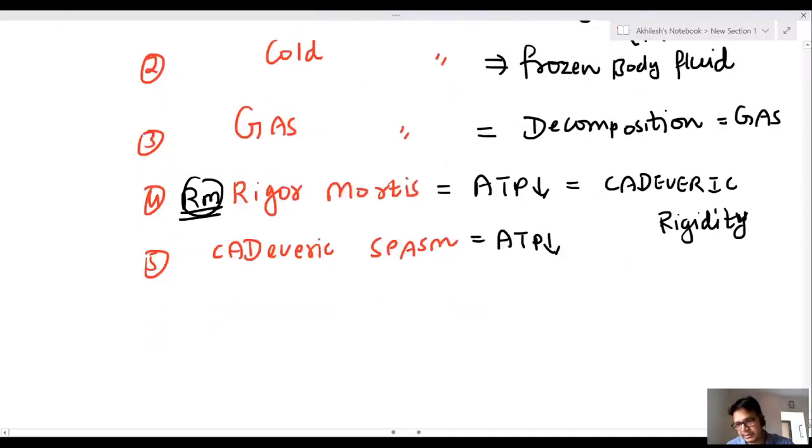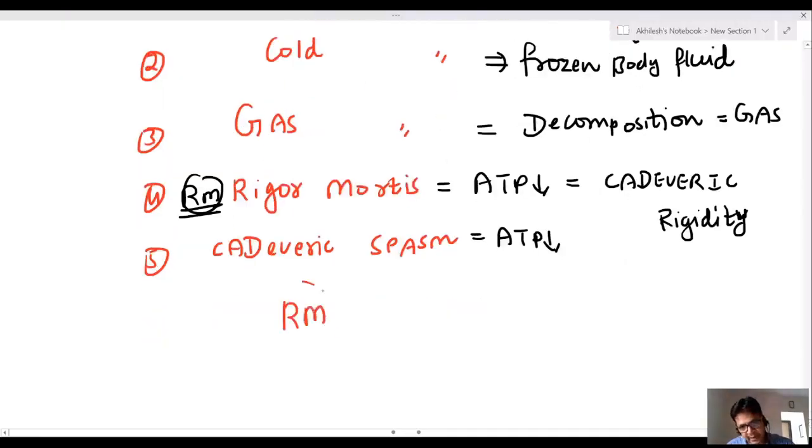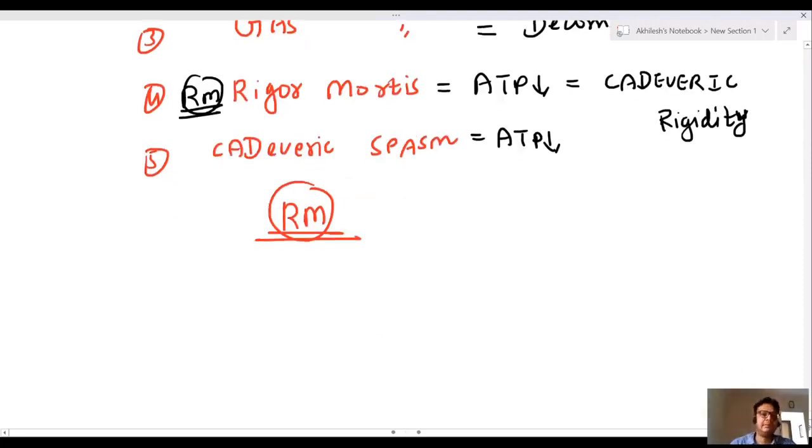This is a very important muscle stiffening.